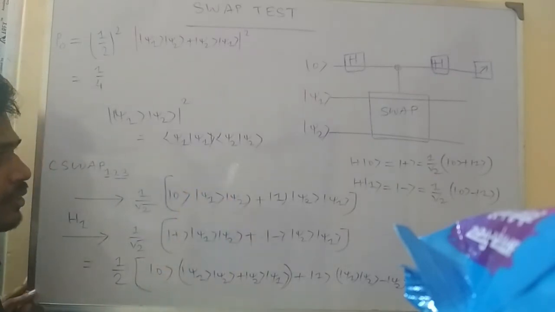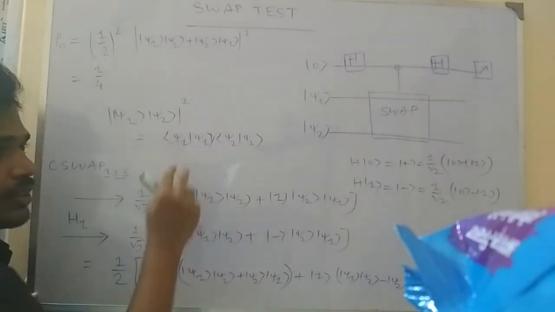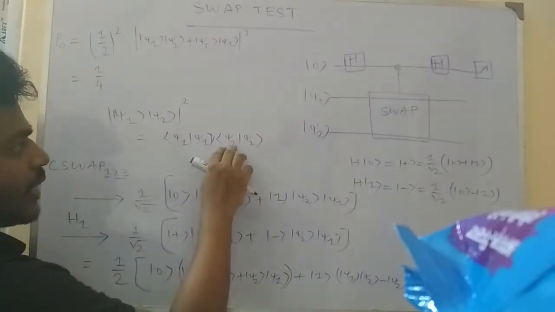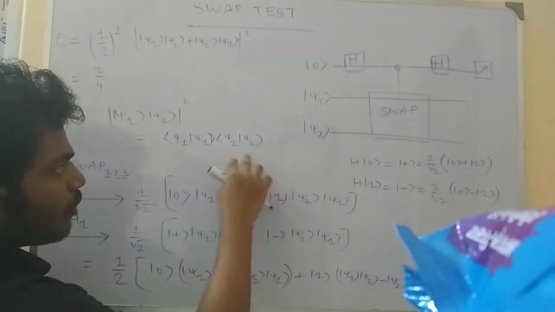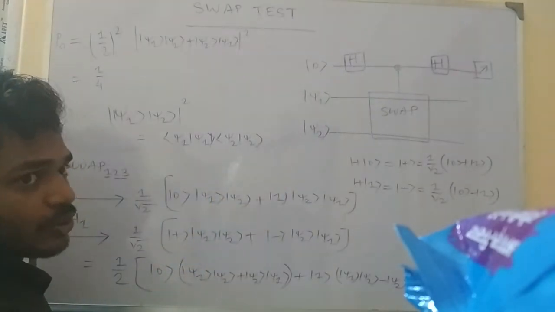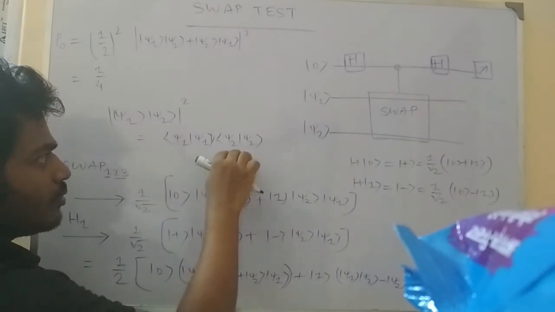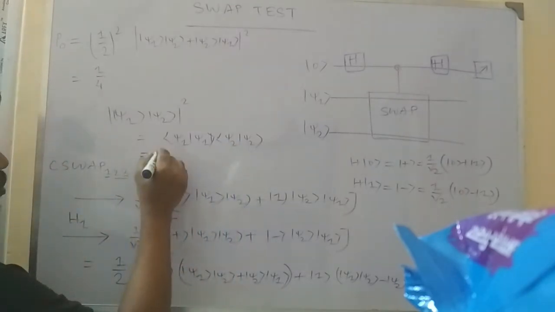Psi 1 is a single qubit state, and its inner product with the same state is always 1, and again psi 2 with its own inner product will always be 1, because they are normalized to 1, so it will become 1.